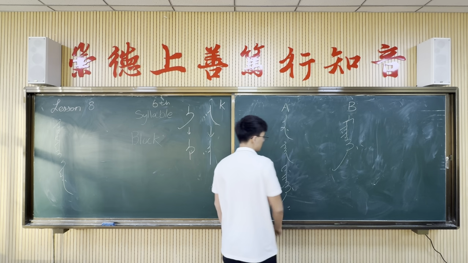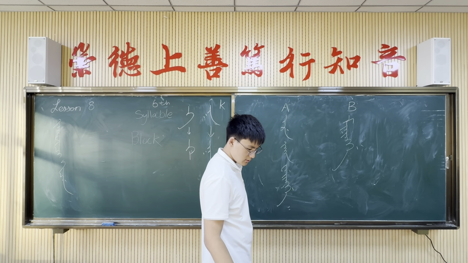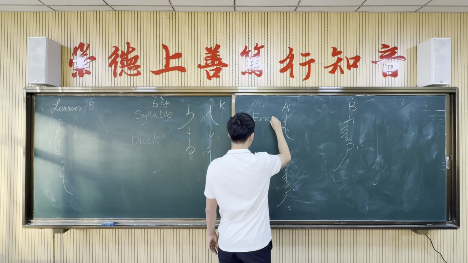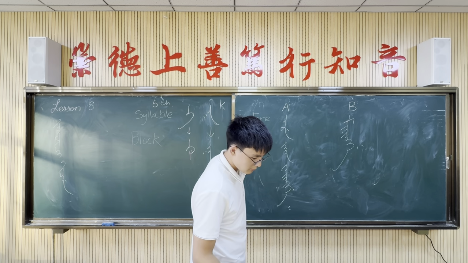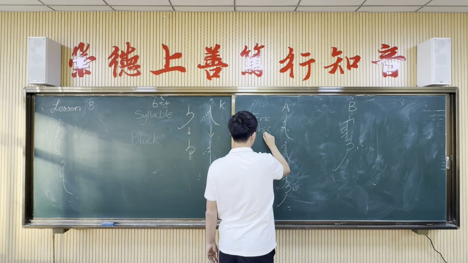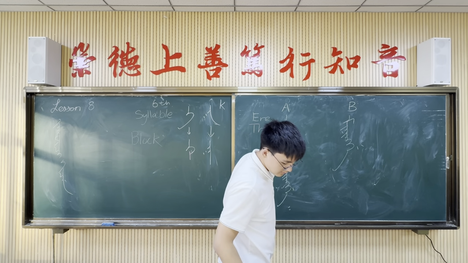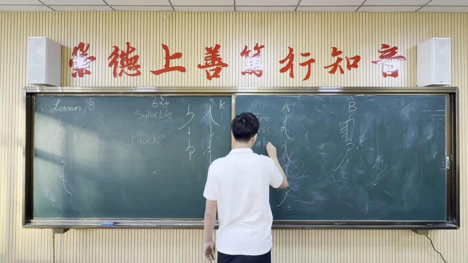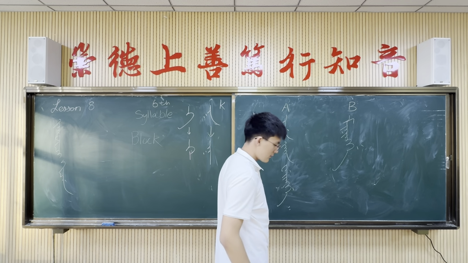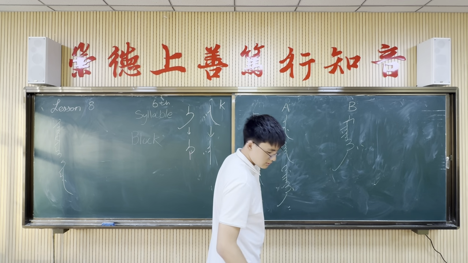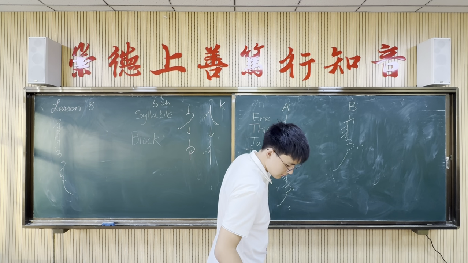Meaning. Now what does this mean? Firstly, the first word means this. The second word means sing. Wei means whose, right?